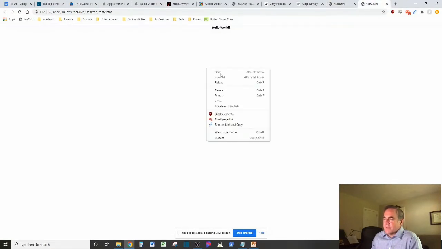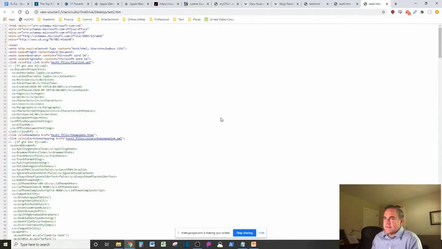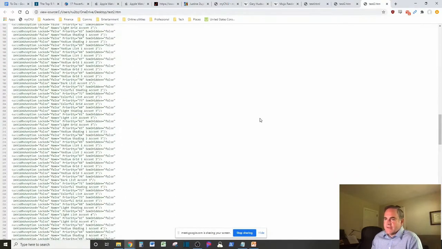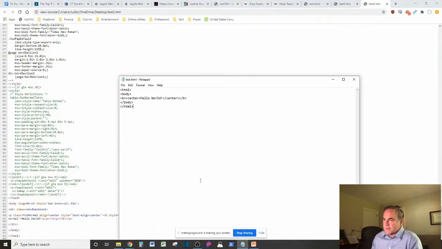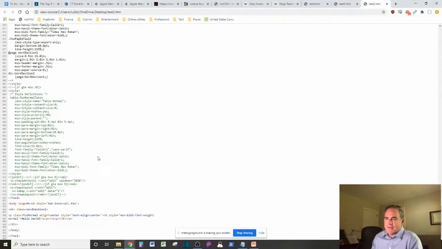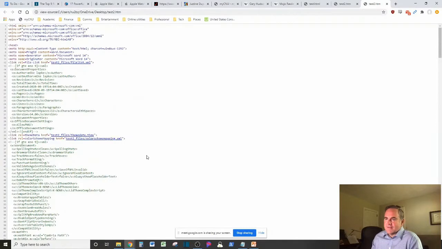But if we look at the source, so the code that this code generator created, you see it's a little bit longer than the code that I wrote for almost the same thing. And this is the type of thing that happens with code generators: there's so much more code than is needed.